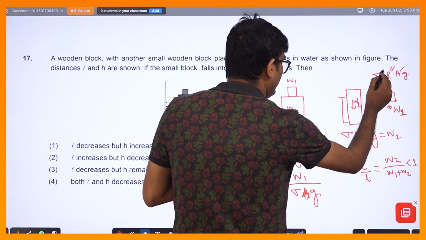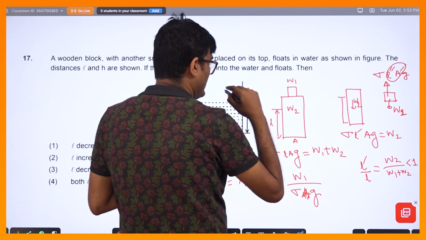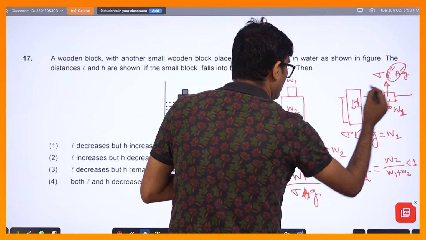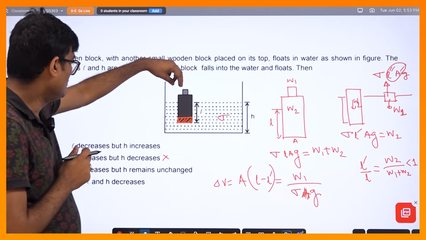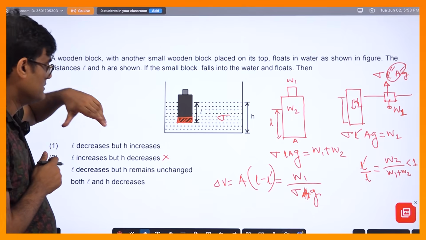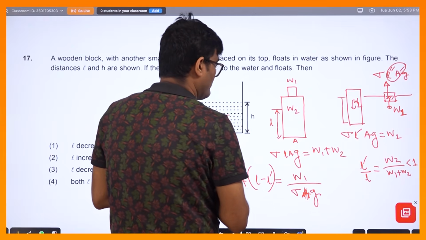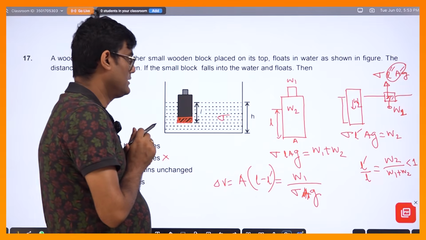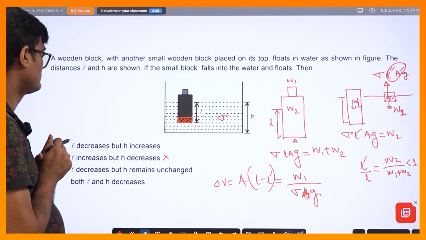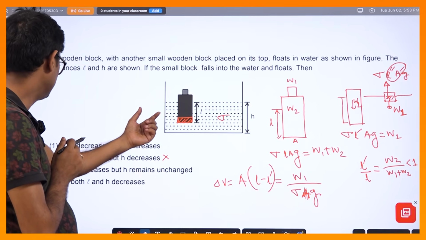And how much is the volume that is inside the water for the second block, the top block? That is W1 by sigma G, right? That volume is also the same. So can you understand what is happening? This much volume is released.